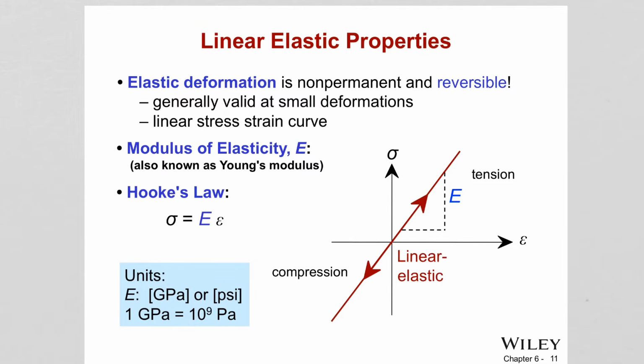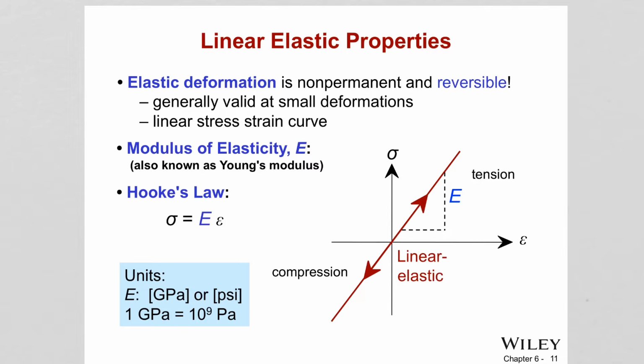Alright, so we said elastic deformation is not permanent and reversible. Think about you have a rubber band and you stretch it, and when you release it, it goes back to its original shape, right? So this is what we call elastic deformation, and this happens at small deformations.